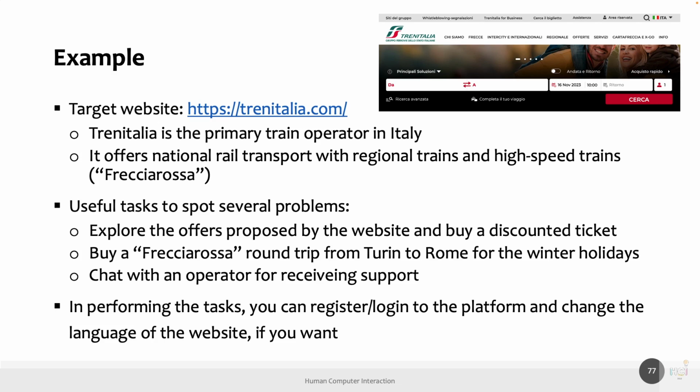Also with respect to the Politecnico website, it's really, really terrible. And we will find a lot of violations here. So we will perform this example on a real website, and then we will do an exercise on a low fidelity prototype, to show you something similar to assignment 3. Okay?